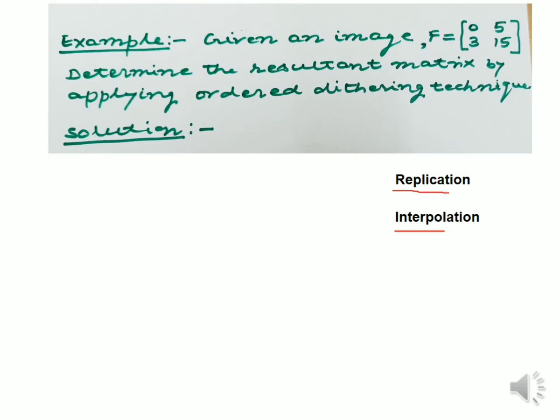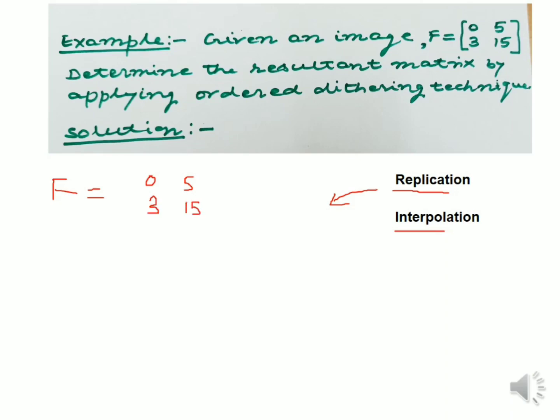If we say that the replication is being done, in both the cases the first step is zero order hold. But just to write directly how to write the image by applying replication process, see, input image is what? 2 cross 2 size, its components 0, 5, 3 and 15.